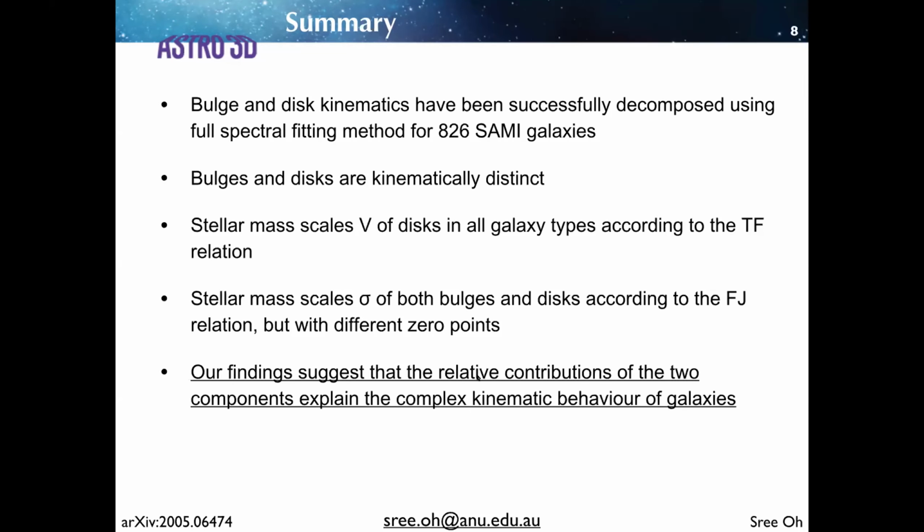There is one question from Stephen. Can you distinguish between pseudobulges and classical bulges in your models? Yes, I was trying to find the pseudobulges in my sample. However, we applied a mass cut of 10^9.5 solar masses, and we found that most of the pseudobulges were excluded from our sample, and only 23 galaxies are expected to have pseudobulges.